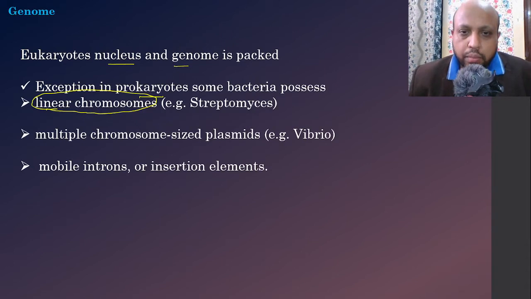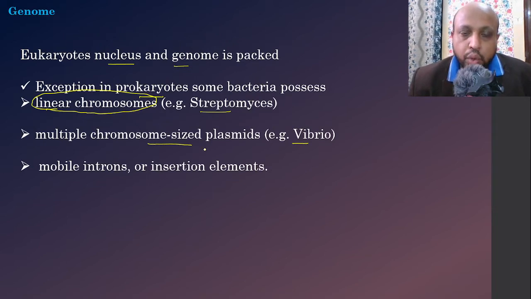In fact, the term chromosome is a misnomer which is also being used, but for the sake of definition we are saying it is a chromosome. Then they also have a linear chromosome. An example is Streptomyces. Another exception is that there are multiple chromosome-size plasmids, meaning huge plasmids, and one example is Vibrio cholerae, which causes cholera.